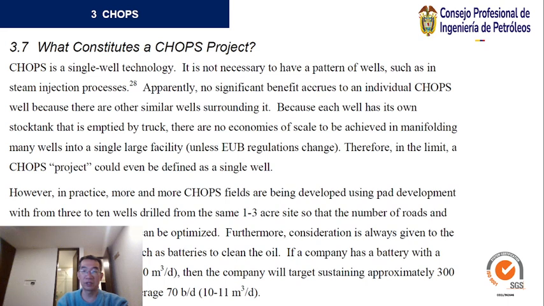Furthermore, consideration is always given to the capacity of local facilities such as batteries to clean the oil. If a company has a battery with a capacity of 20,000 barrels per day, then the company will target sustaining nearly 300 wells, each producing on average 70 barrels per day.